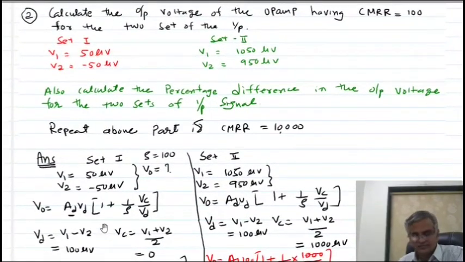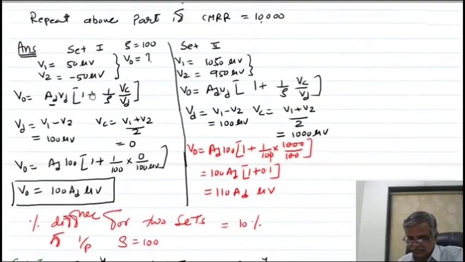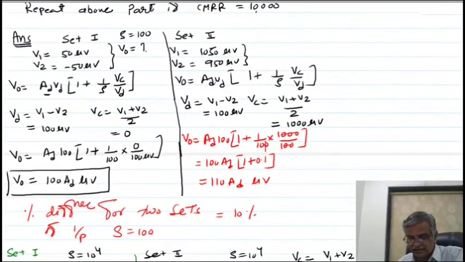It's very simple. For this set of the input voltage, I have used this equation. I put in all the values. For this set of the input, I use this equation and calculate the VO. Here VO you should get only ADVD. This should be minimum. But rho is very less here, in this set I have taken only 100. So here error is 10%.